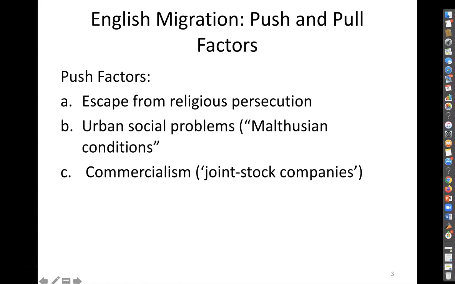And by the way, it costs money to go to the New World. Once things stabilize in the New World after this rocky, unstable period, right? It costs money if you wanted to go from England to the New World. You couldn't just go on a whim. If you're a person of ordinary means, you had to save for years just to take a chance to go to the New World.